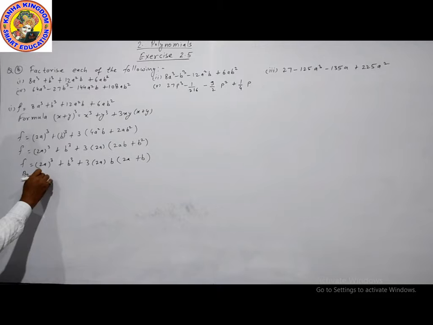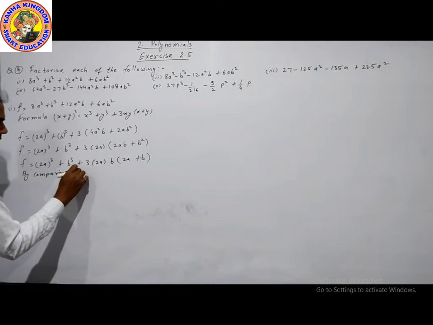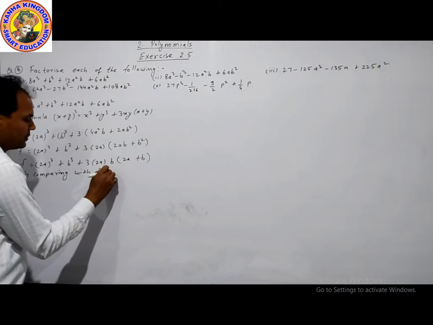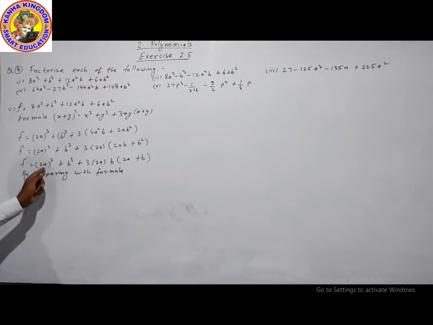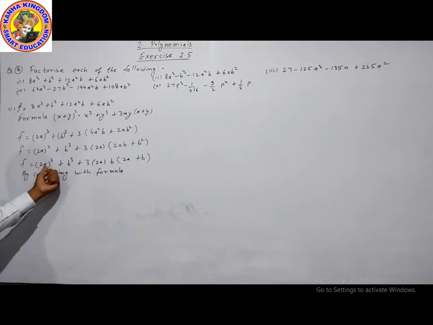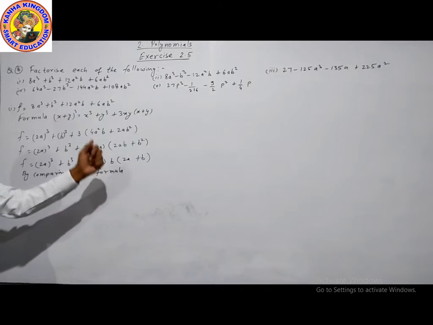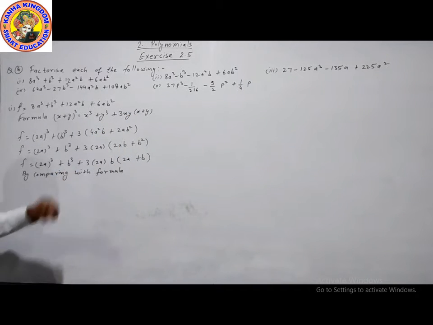By comparing with the formula, x cube, y cube, 3x, where x is 2a, y means b, and x plus y is 2a plus b. So x is 2a, y is b.